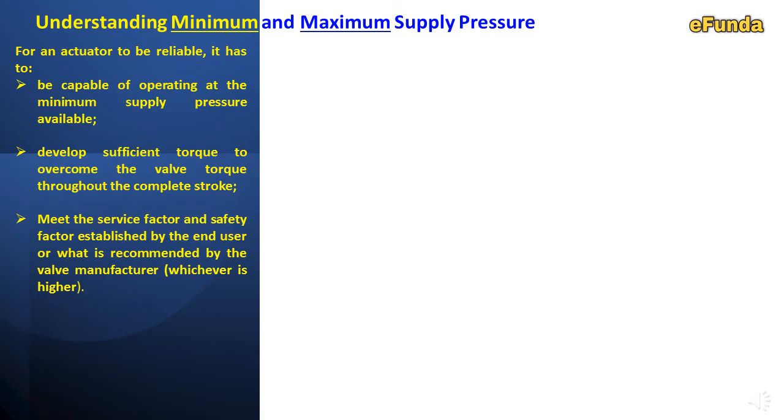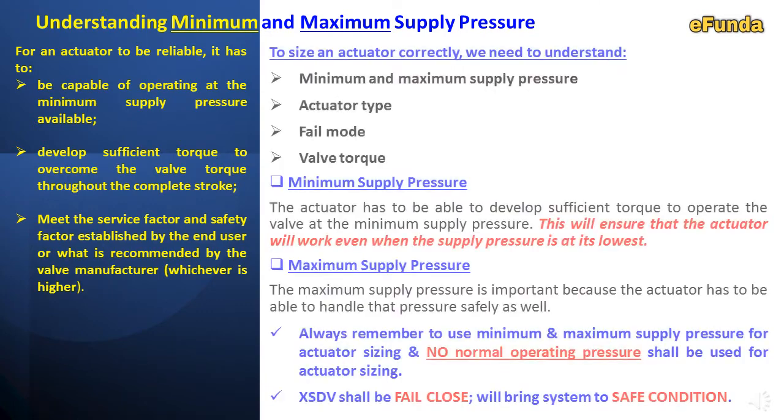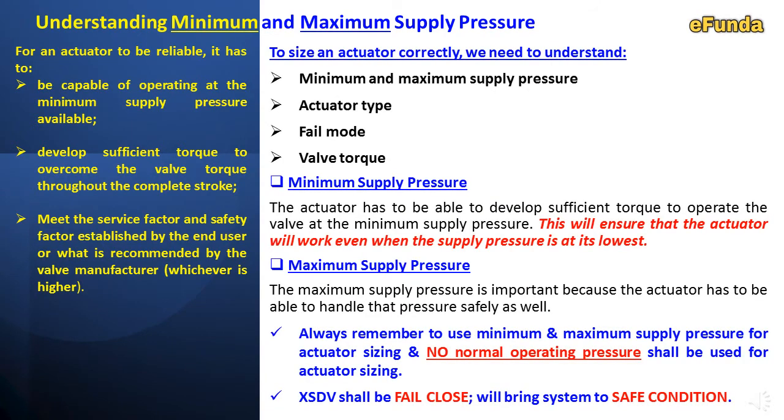It must develop sufficient torque to overcome the valve torque throughout the complete stroke, and meet the service factor and safety factor established by the end user or what is recommended by the valve manufacturer, whichever is higher. While sizing the actuator, one should understand minimum and maximum supply pressure, actuator type, fail mode, valve torque.